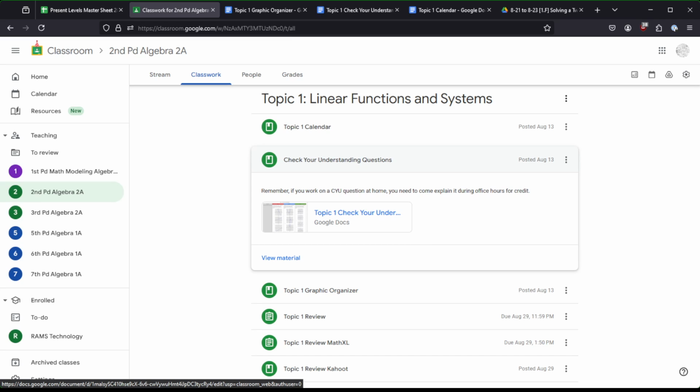I've done quiz corrections as a requirement for retakes for most of the 11 years I've been teaching. What I have found is when I have stopped doing that requirement, when I've stepped back and said, okay, just don't have any missing work or something like that, then when they go to retake their quiz, they don't take it as seriously, and usually they score worse. So the point of them doing the corrections is so that they can get clarification. They can ask me questions.